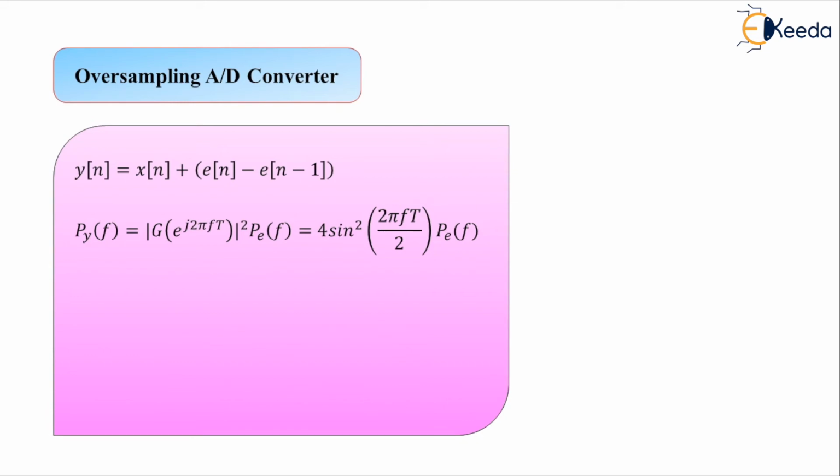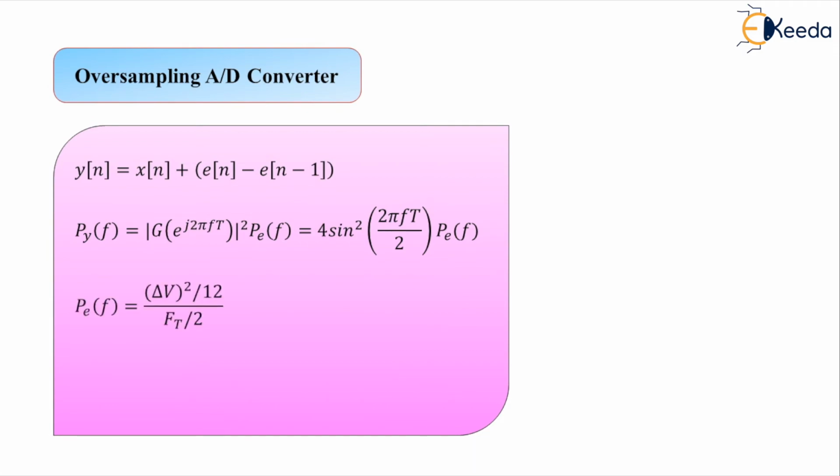So here the assumption is that the power spectral density P suffix e of f for the quantization noise is a one-sided power spectral density defined for the positive frequencies only. Now for the random signal input, as generally we have been denoting by x of n here, P of f is constant for all the frequencies, and that is expressed as square of delta V divided by 12.